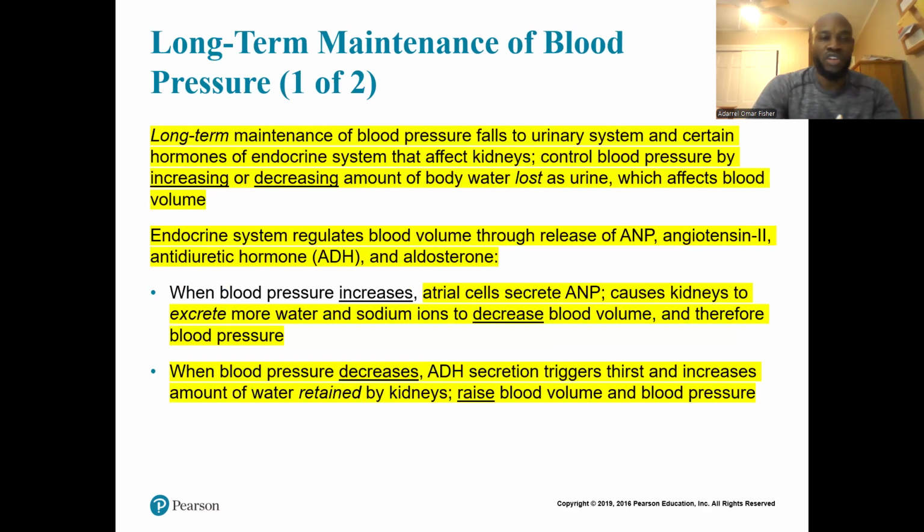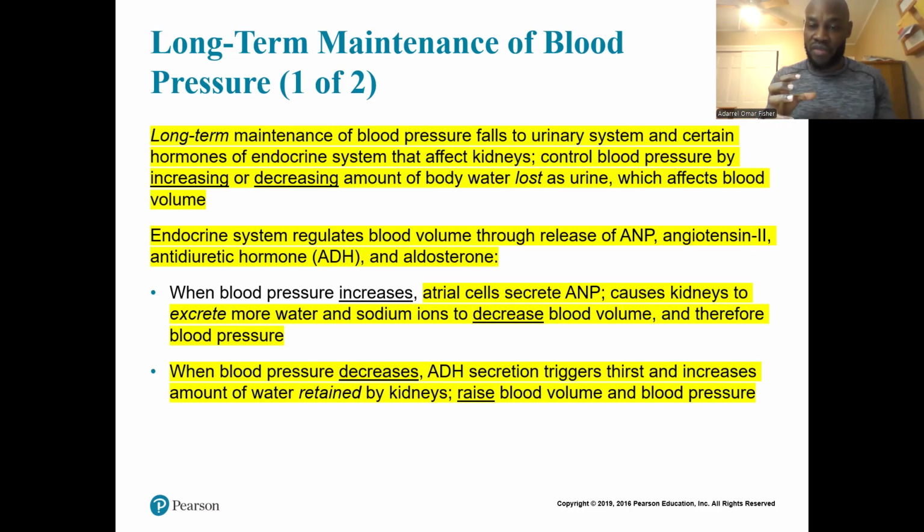We also have what we call long-term maintenance of blood pressure, which is affected by our urinary system. If you think about it, the more water you put in the bloodstream, the more blood volume you'll have, and therefore the more pressure you have. Remember, the blood plasma is primarily water.